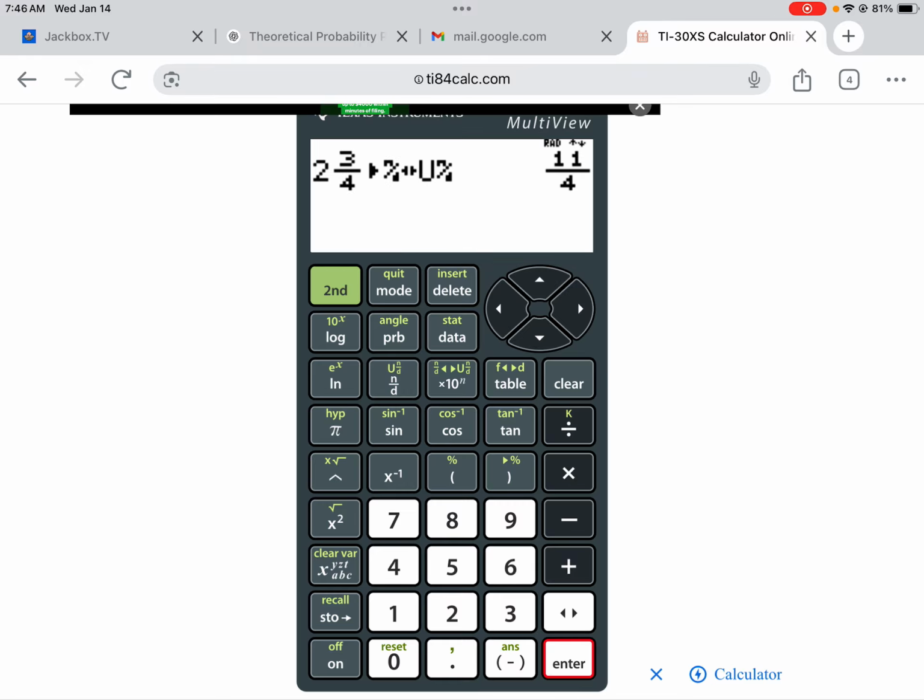Now if we had started with 11/4, we could push that exact same button, the fraction to mixed number button, and it will change it back to a mixed number. So you can do that super easily with your calculator just by pushing this second times 10 to the n button, because it will turn fractions into mixed numbers all day long.